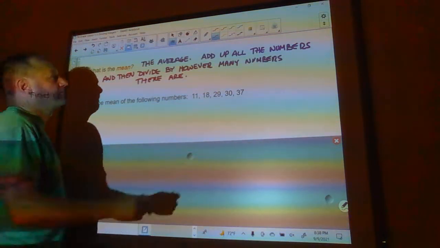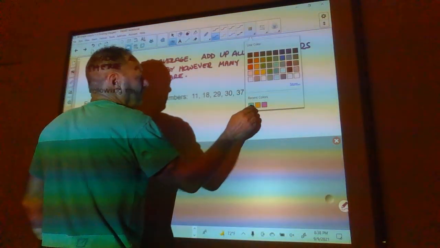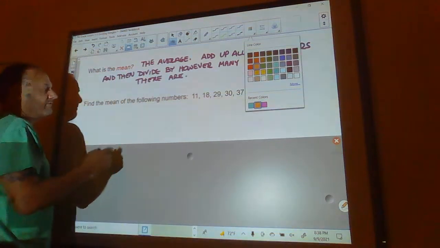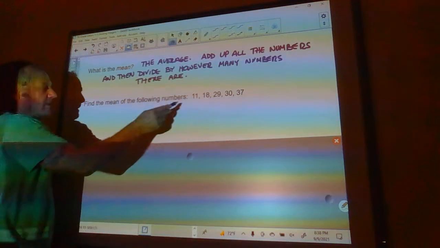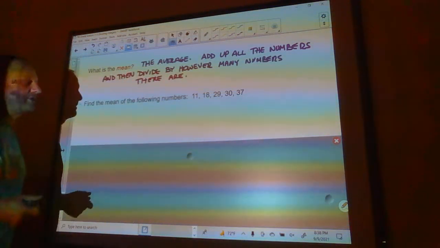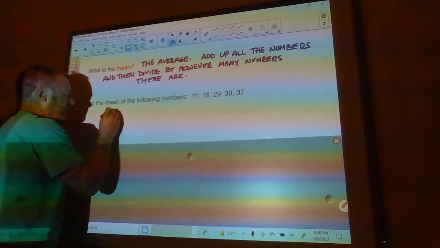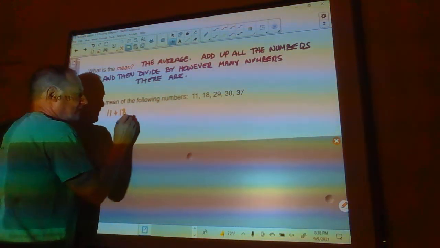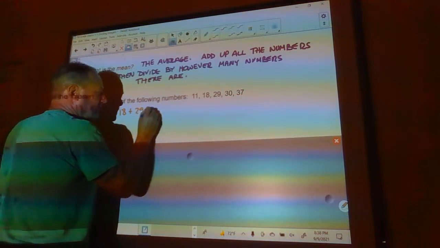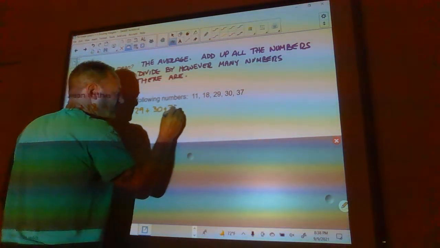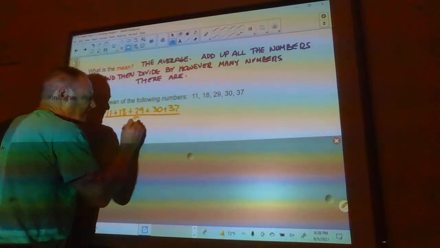So here we have a problem where we're going to find the average, find the mean of the numbers 11, 18, 29, 30, and 37. So 11 plus 18 plus 29 plus 30 plus 37. Now there's 5 numbers, so I got to divide by 5.